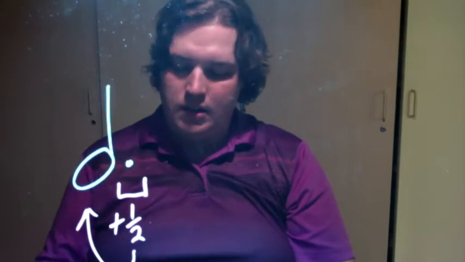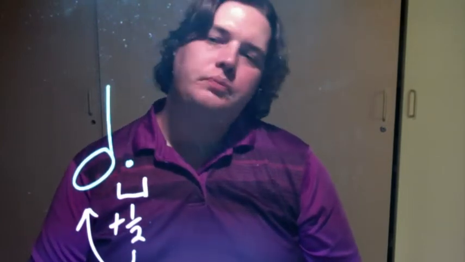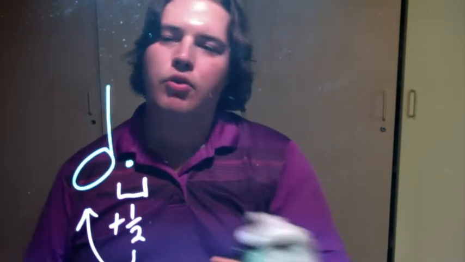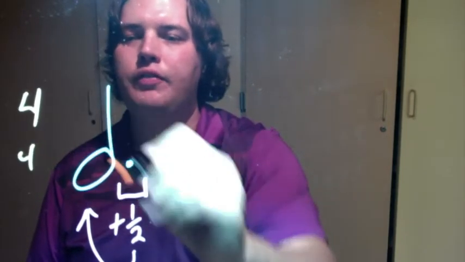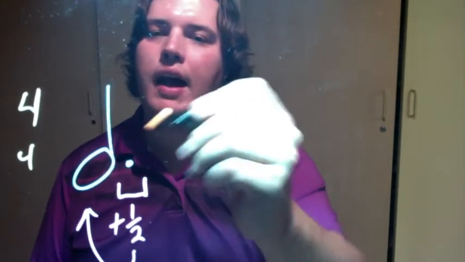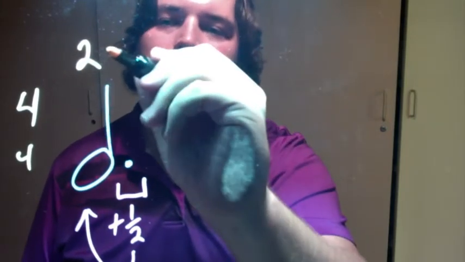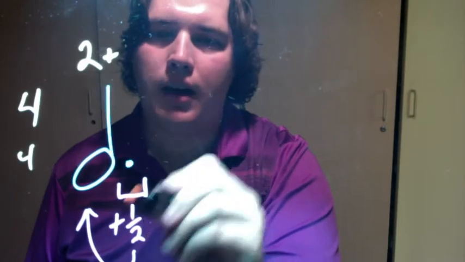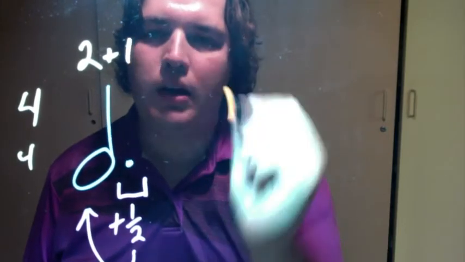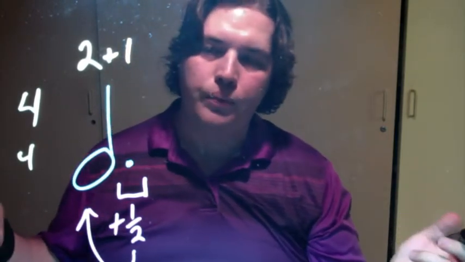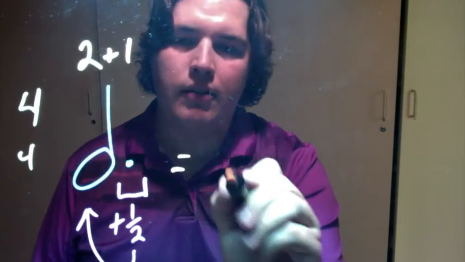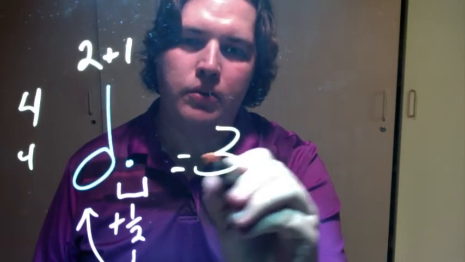So the dot is always going to change based upon what the note is. For example, if we're in 4/4 time, then the half note is going to equal 2, and half of 2 is 1. So the dotted half note in 4/4 time equals 3 beats.